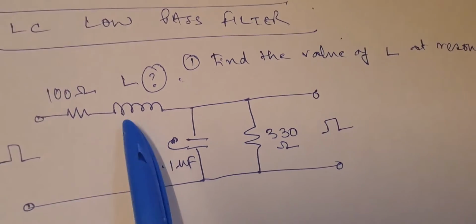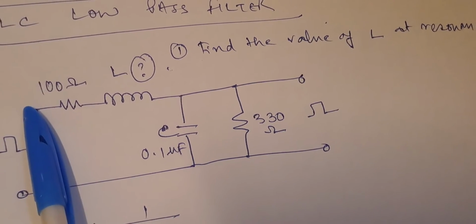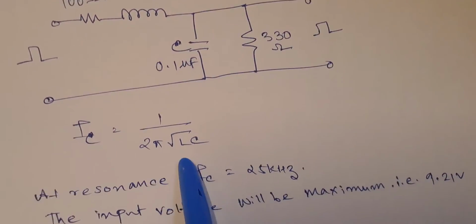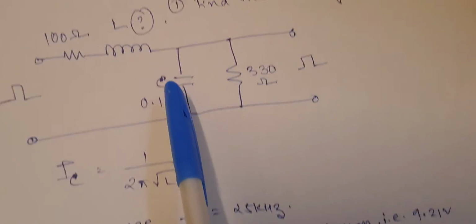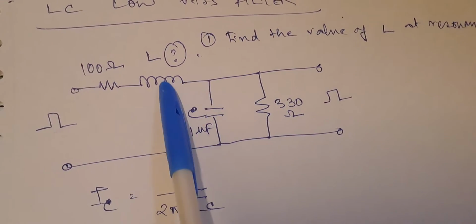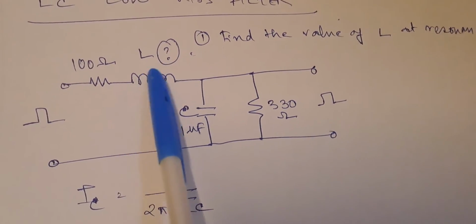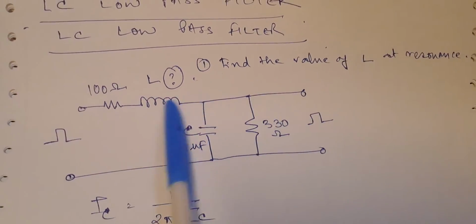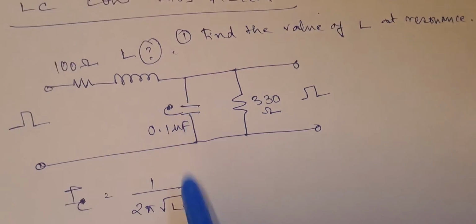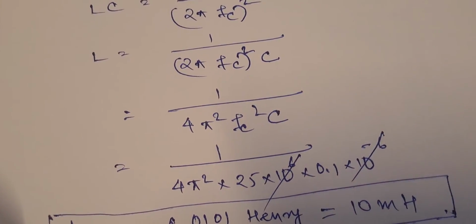So what have we learned? At resonance the input voltage will be maximum, and we need to know the frequency. From that frequency, using this formula, we can find out the value of L if we don't know L, or C if we don't know C. In my case I don't know L. I just brought an inductor from the shop and I was testing the LC low pass filter circuit with that inductor, and I came to know my inductor has an inductance of 10 millihenry.